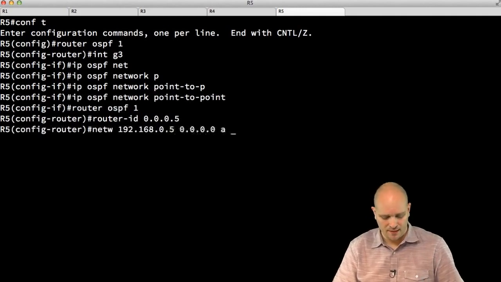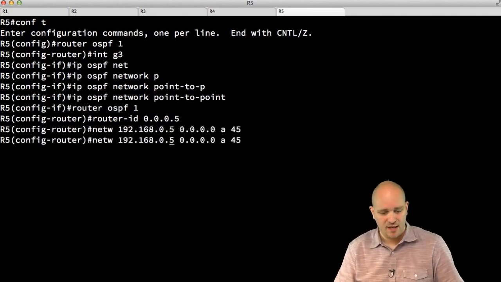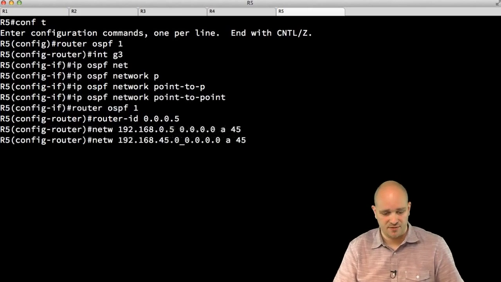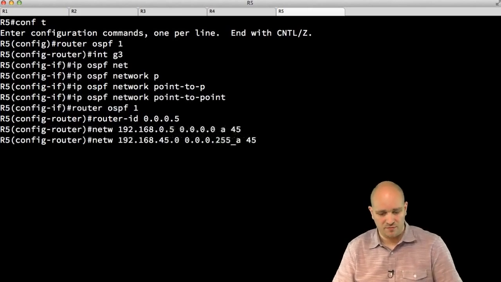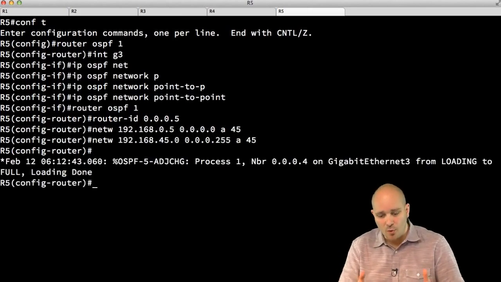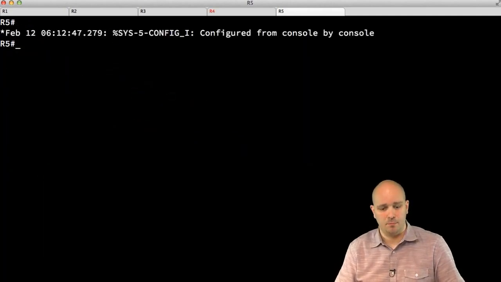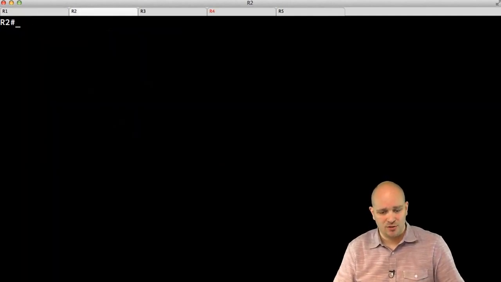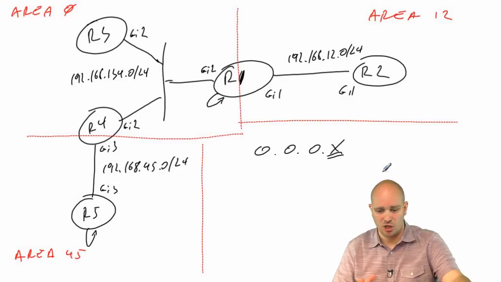This is for the loopback area 45, and I'm just going to say 45.0 here, 255 in area 45. So I should be seeing OSPF coming up at this point. I'm then going to head to, let me see where would be the best place to start. I'm going to head over to R2.